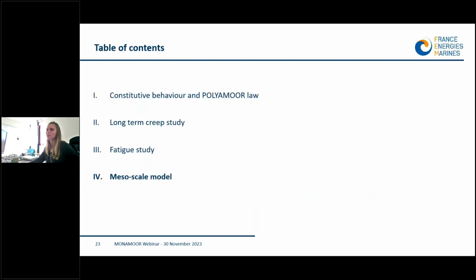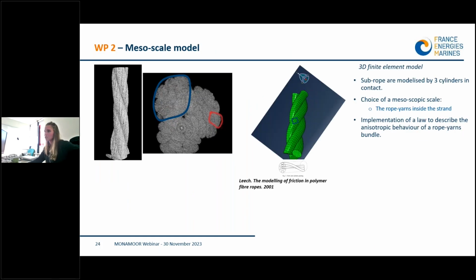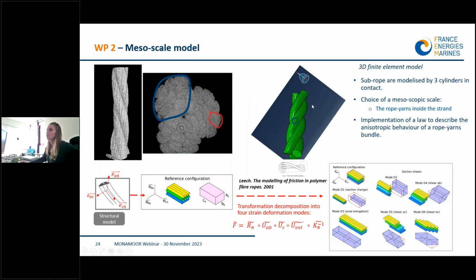We also developed a meso-scale model. It is a model that aims at understanding more the mechanics of the construction of the rope. This time it's a 3D model. We represent each strand by cylinders in a finite element analysis software.